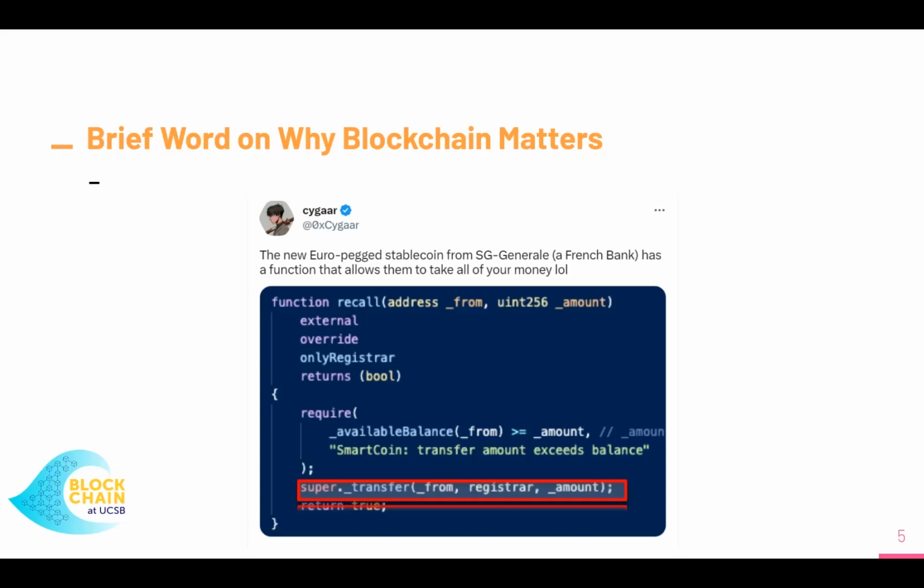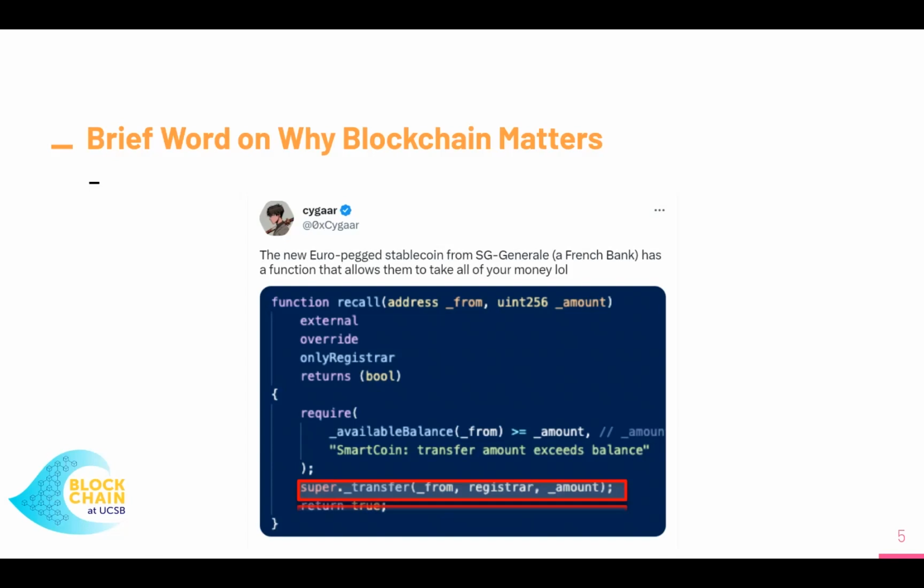Let's briefly summarize what we've gone over so far. In the first lecture, we were mostly talking about why blockchain matters. I found this tweet about a French bank that put the euro on the blockchain. In the code for this digital version of the euro, there's actually a functionality where the authority can take all your money.